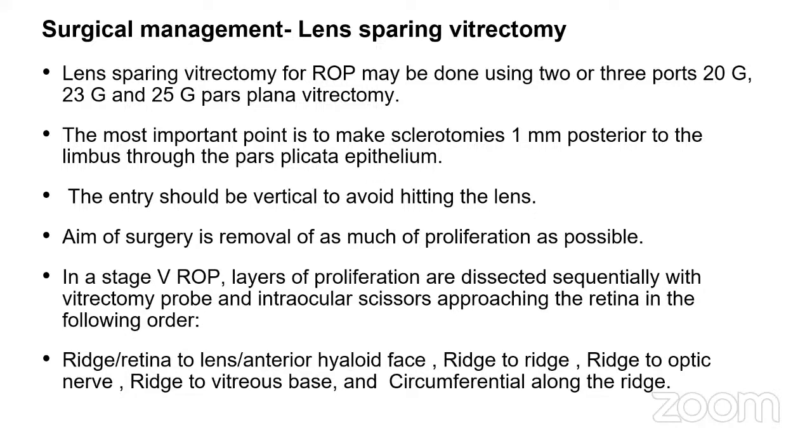In stage 5 ROP, layers of proliferation are dissected sequentially with the vitrectomy cutter as well as intraocular scissors. First the ridge to ridge, and whatever vertical traction as well as horizontal traction is there has to be relieved from the posterior pole to the periphery.